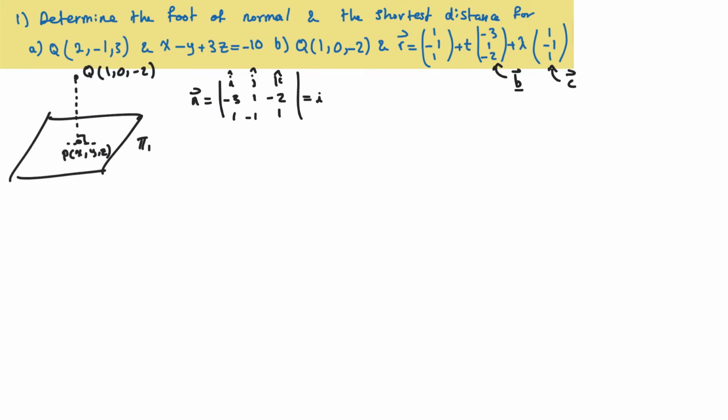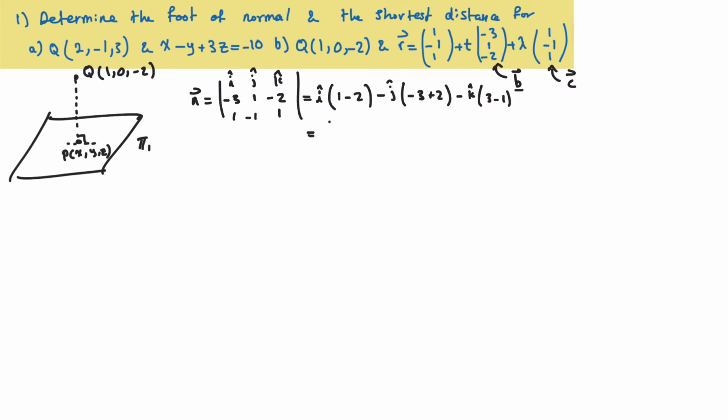To find the cross product, for the x component, it's 1 times 1 minus -2 times -1, minus unit vector j, and -3 times 1 minus 1 times -2, minus the unit vector k, and -3 times -1, which is 3, minus 1 times 1, which is 1.